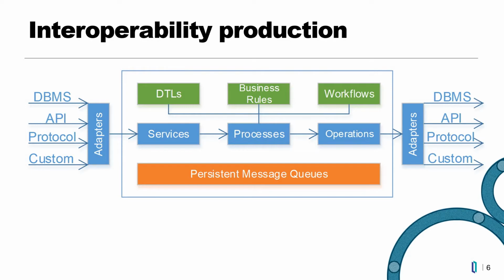This way, each piece of an interoperability production has only one purpose, and it makes it easier to debug and to understand what's going on, especially in big productions spanning hundreds of systems and many different protocols and messages and so on.